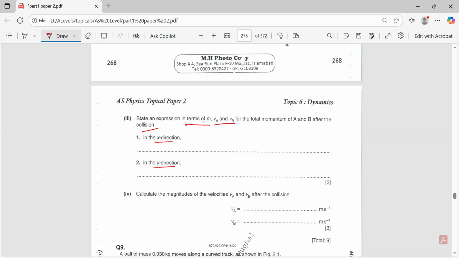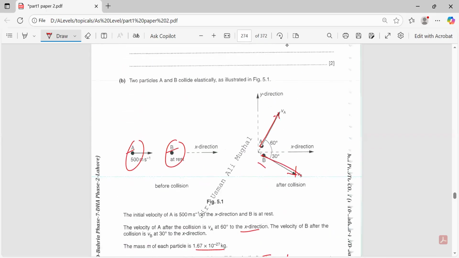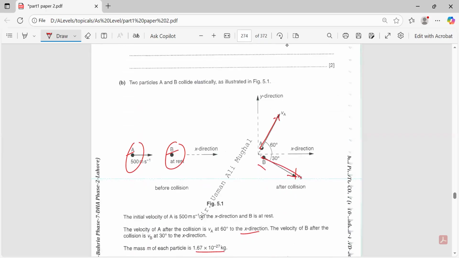So I taught you during the lessons that whenever we are discussing two-dimensional momentum, we discuss the momentum along the x-axis separately and along the y-axis separately. So let's see what the momentum of ball A after collision will be.